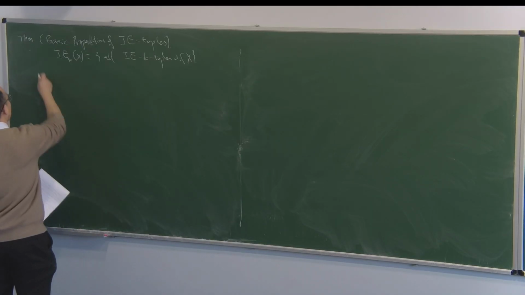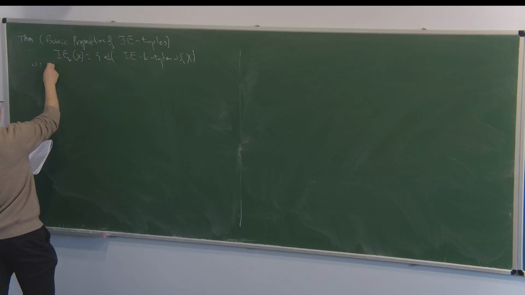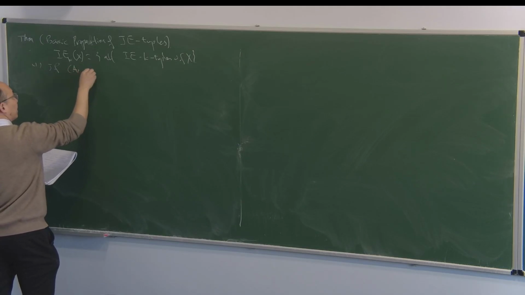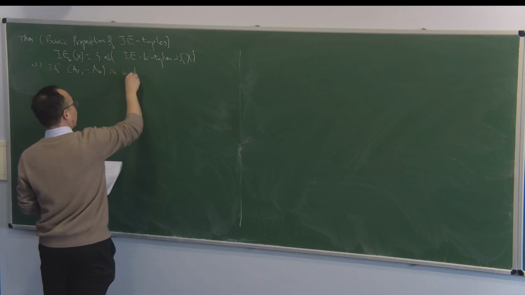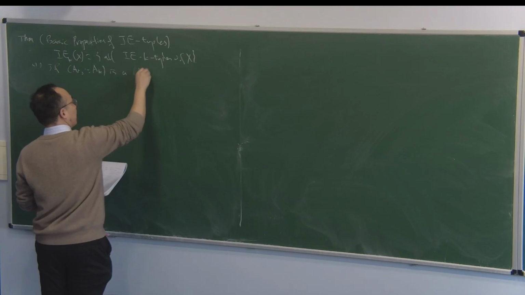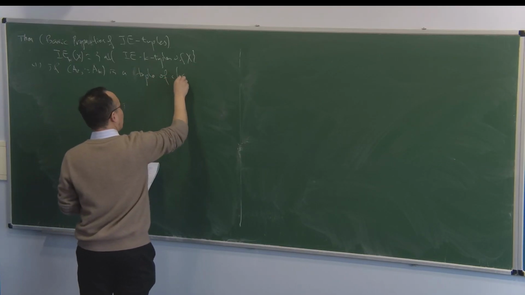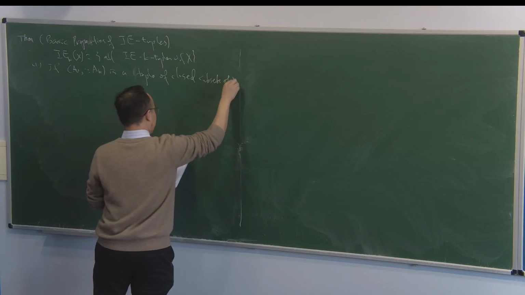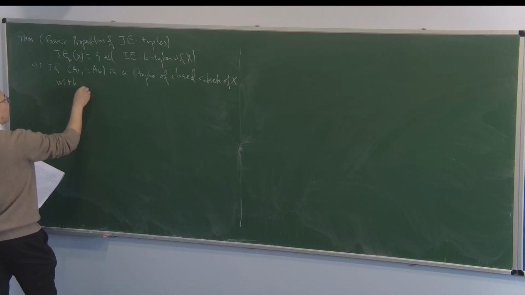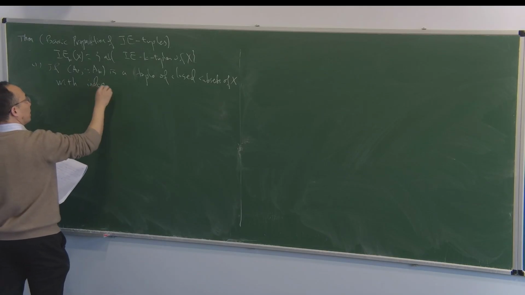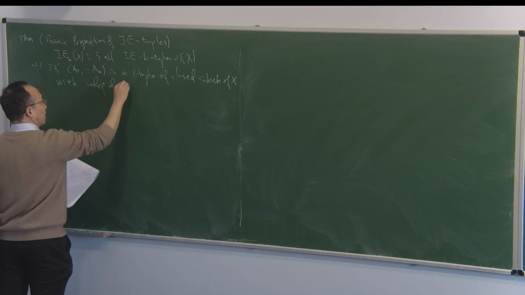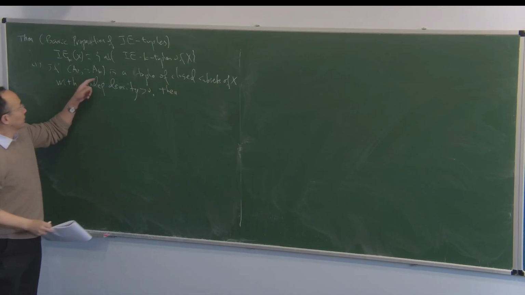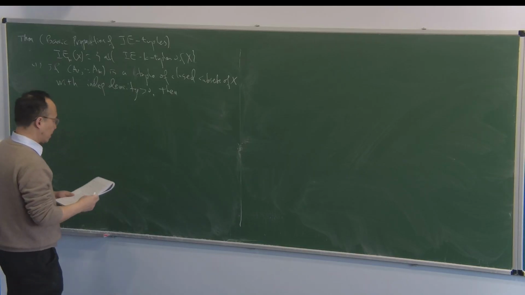The first one is that if this is a tuple of closed subsets with positive independence density, then you can find one point inside of each so that they form an independent IE tuple.